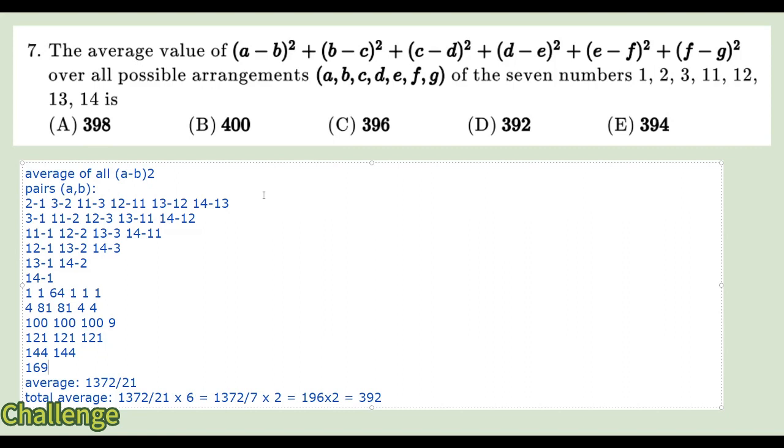But in this case, expanding didn't work. So then we backtracked. And as always, to find the average of anything, you just want to find the entire sum divided by the number of different values.